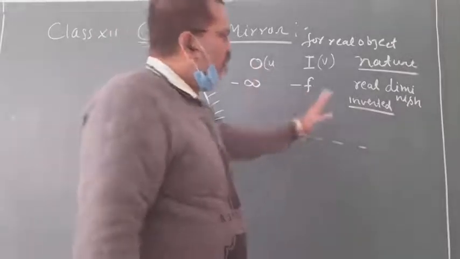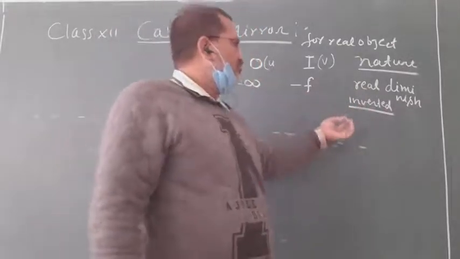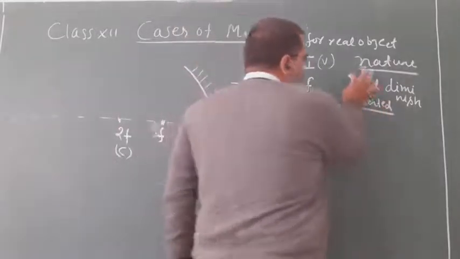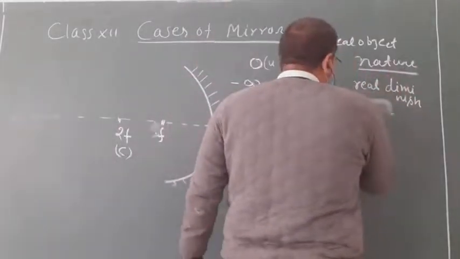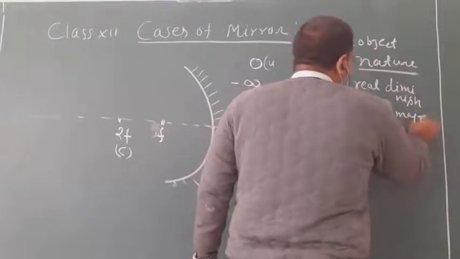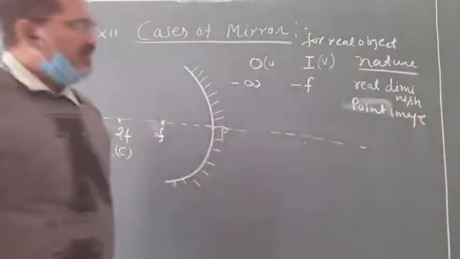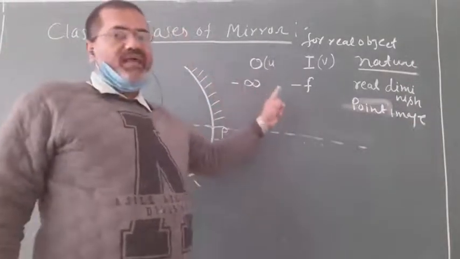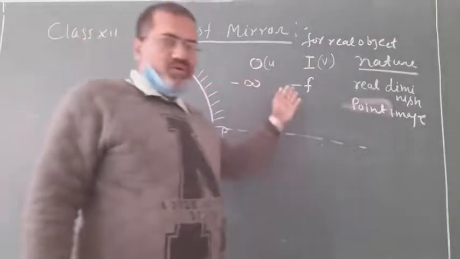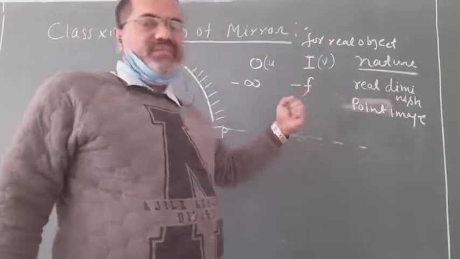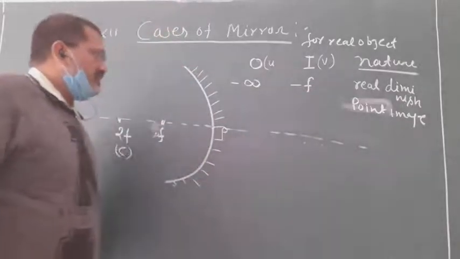So this is a point object, and you should not write inverted image, but you should write point image. When object is at minus infinity, image will form at minus focus, a real point image at the focus.